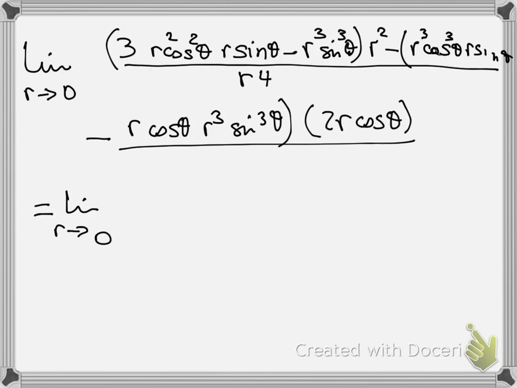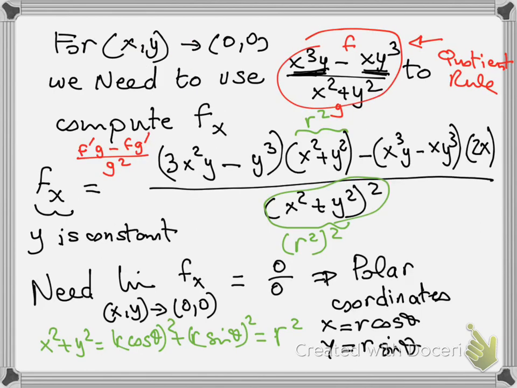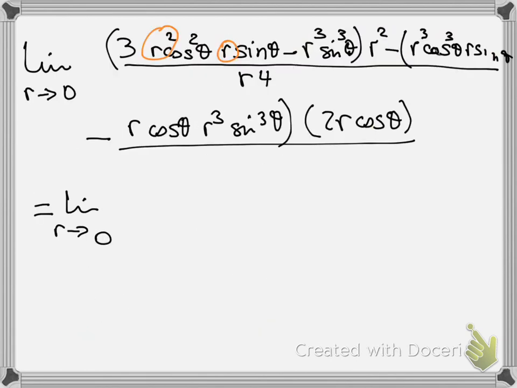So you see, guys, here in the top, we can factor out, so you see here, you have this r squared times r, so that's r cubed, and there's r squared outside, so that's r to the 5th. Here the same thing, there's this r cubed times this r squared, so that's r to the 5th.